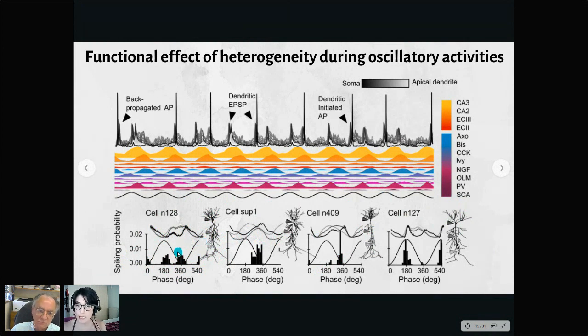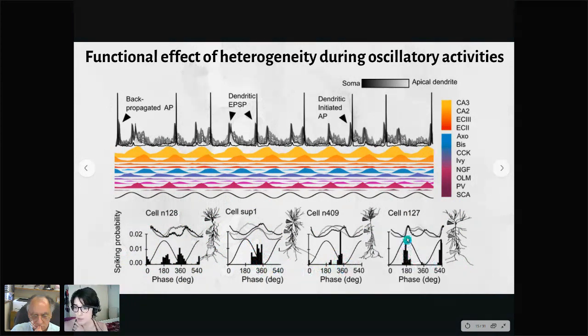And what we see is that even though the intrinsic properties are the same, integration is not, because the output is different. Here we can see that this morphology performs a bimodal output, while this one and also this one mostly fire around the latter part of the descending slope or the trough.